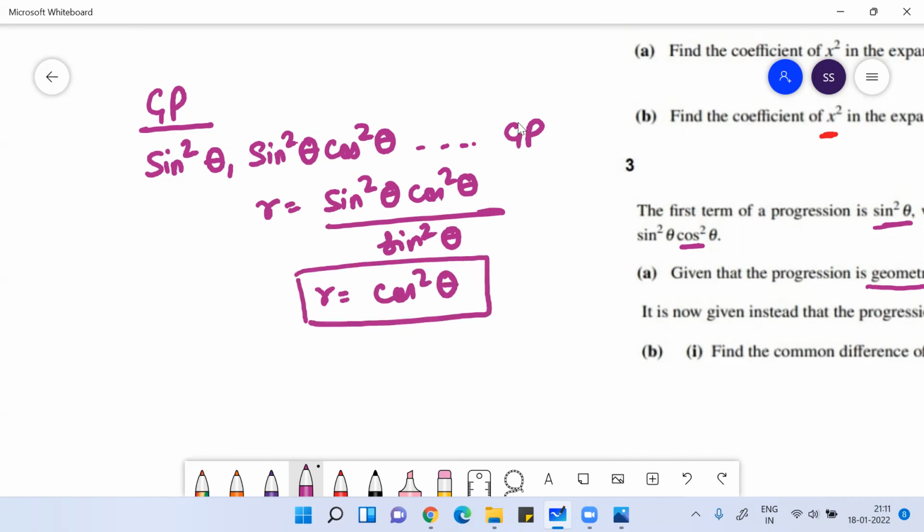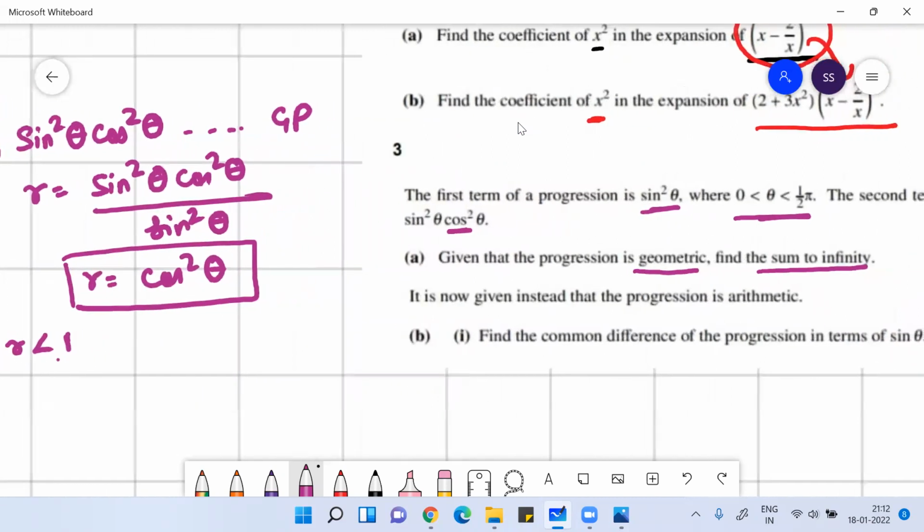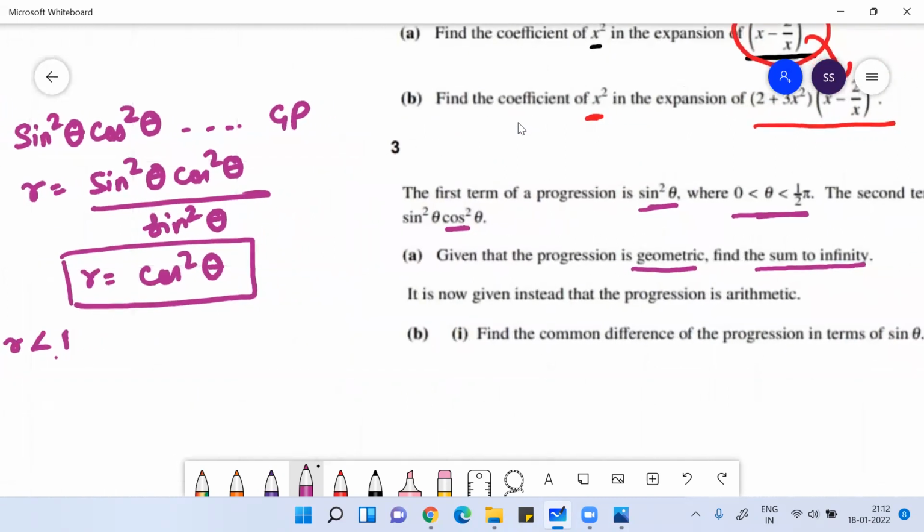If imagine your R is less than 1, fine, because they're talking about the geometric progression, find the sum to infinity.